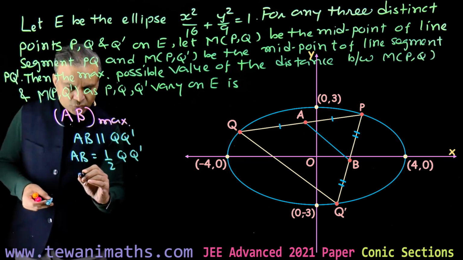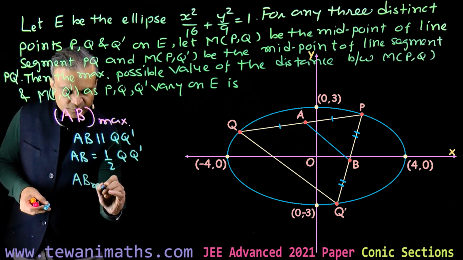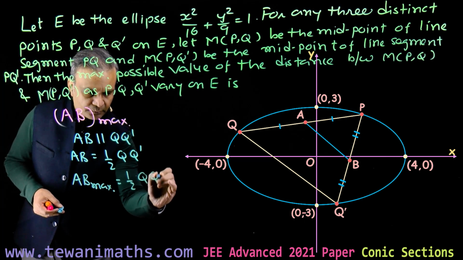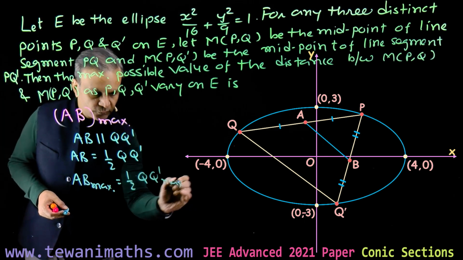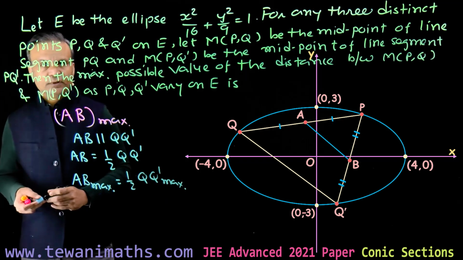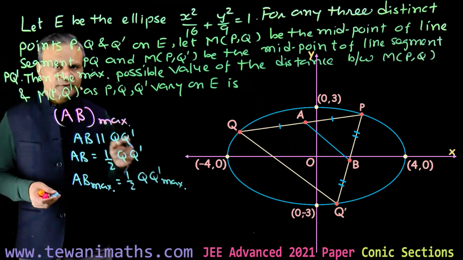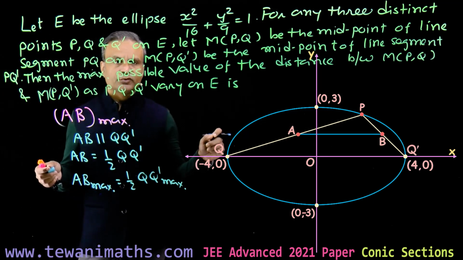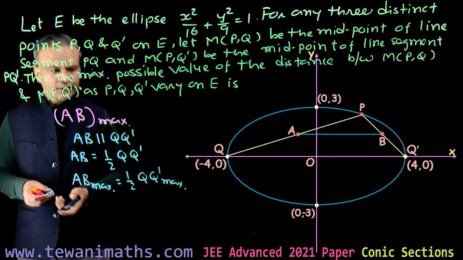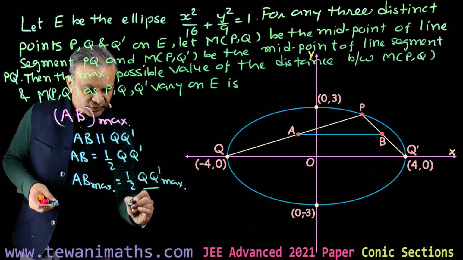Okay. So the maximum value of AB will be 1 upon 2 multiplied by the maximum value of QQ dash. And what will be the maximum value of QQ dash? QQ dash will be maximum when these 2 points are the extremities of the major axis. Length of major axis is 8, so the maximum value of QQ dash is 8.